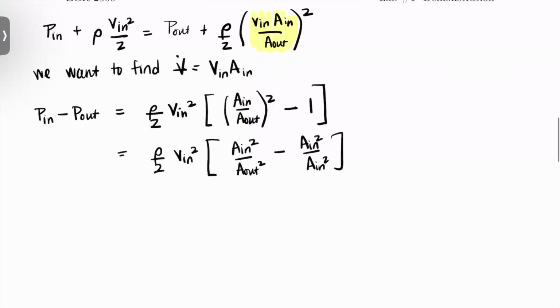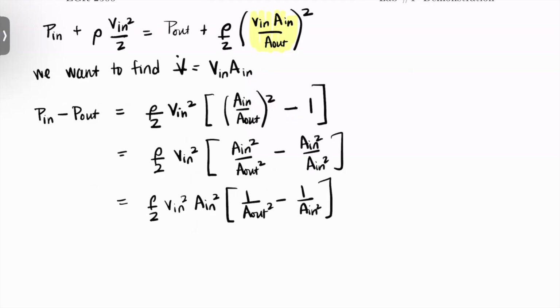And then I'm going to factor out the V in squared times A in squared, and I have 1 over A out squared minus 1 over A in squared. And then this is equal to our volume flow rate squared.